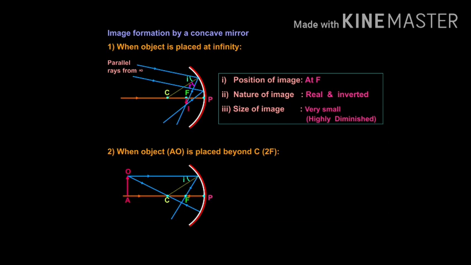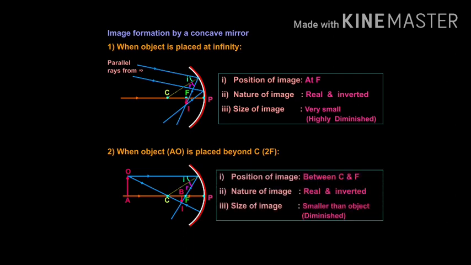So I will draw the image now. This is the image, and it is clearly seen that the image is small, it is inverted with respect to the object, and the location is between C and F. So these are the properties when my object is beyond C.